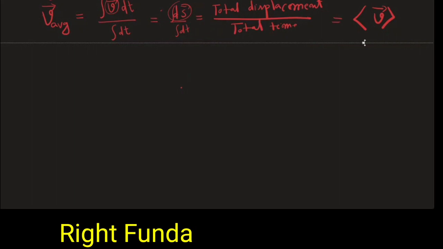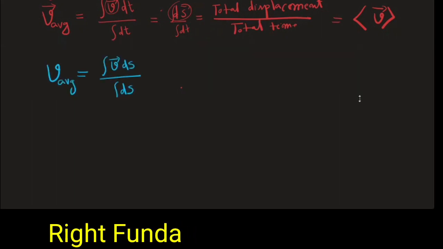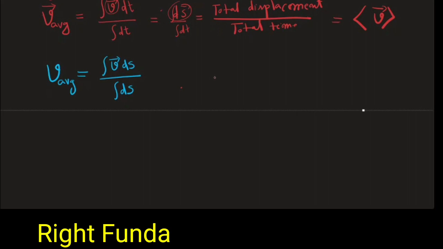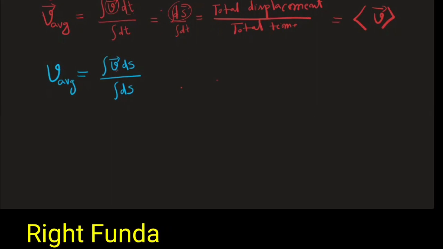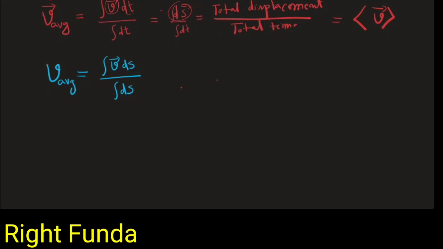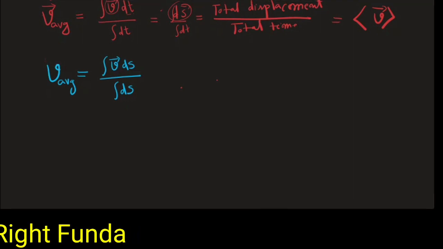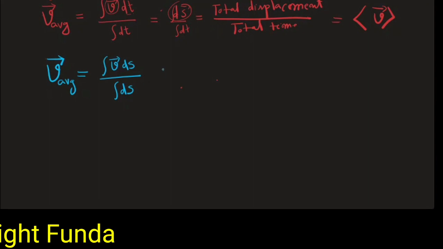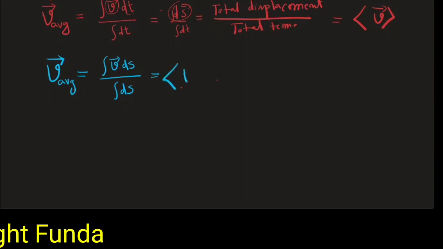There is also a term called space average that has been defined. What is space average? Instead of taking time, you take ds: the integration of v ds by the integration of ds is the space average velocity, the average over space.